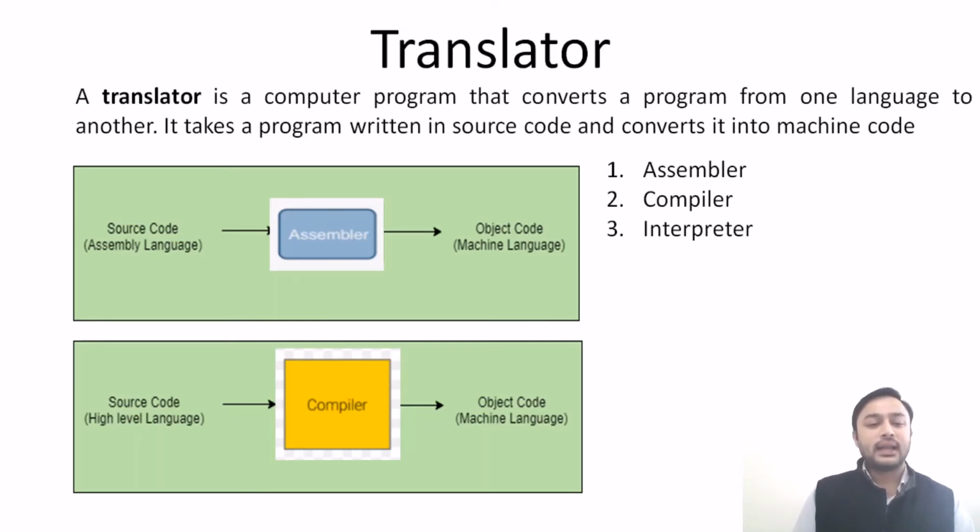In case of compiler, it will take high level language like C, C++, and convert it into machine language. In case of interpreter also, it will take high level language and convert into machine language. So the main function of translator is to convert the high level language into machine language.